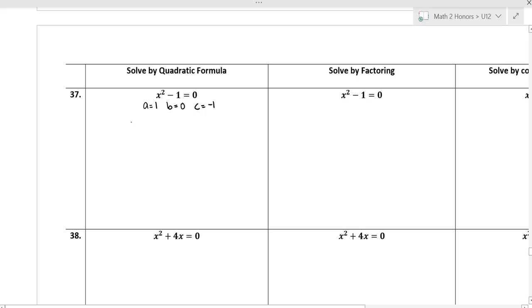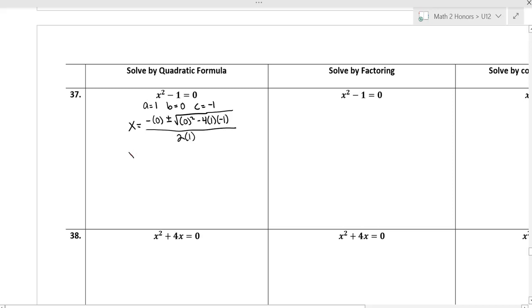And then you plug it into the quadratic formula, which is x is equal to negative b plus or minus the square root of b squared minus 4 times a times c all over 2 times a. You want to memorize this formula.